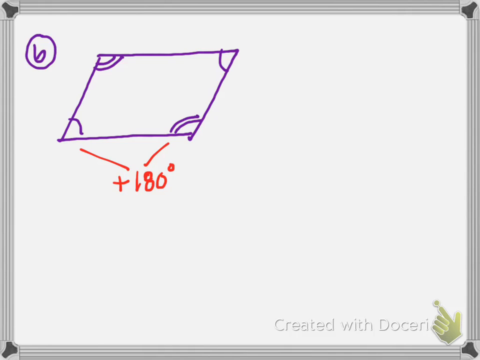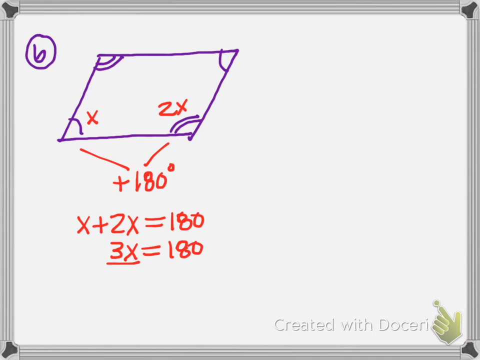So I could call one angle x, and I could call the other angle 2x, because it's twice that. So to set up the equation, we would just say x plus 2x equals 180 and solve for x. So 3x equals 180. If we divide both sides by 3, x equals 60 degrees. And x, if you recall, was one of the angles.